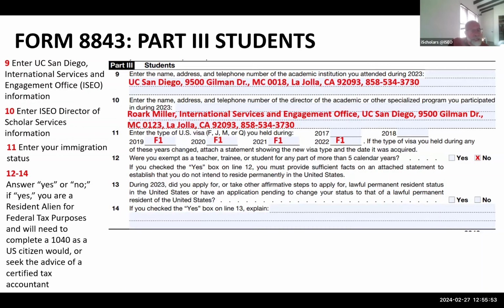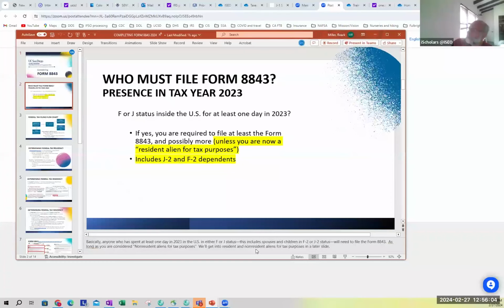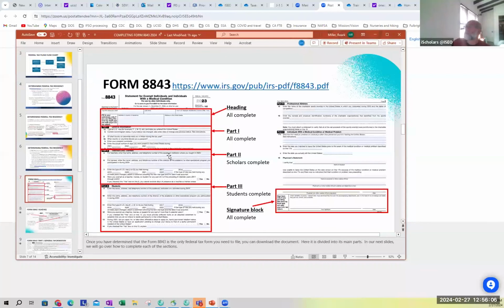Where can we get information about the Form 1040-NR? You can go to our website that I pointed out earlier. Let me get back to that page. Sorry, too far.